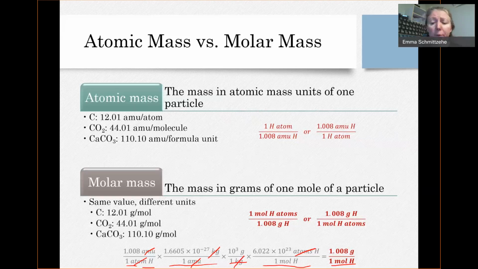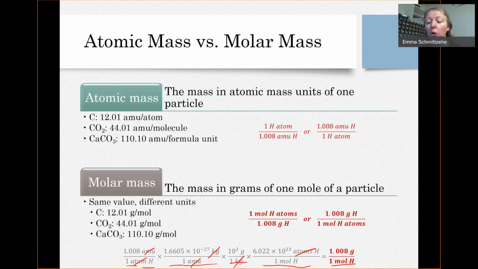So you can look at the periodic table and get 1.008 for hydrogen, and you can write it in lots of ways, okay? So I have the atomic mass of hydrogen written as ratios, and I have it written both directions. So one hydrogen atom is 1.008 AMU of hydrogen, and I have 1.008 AMU over one atom as well.